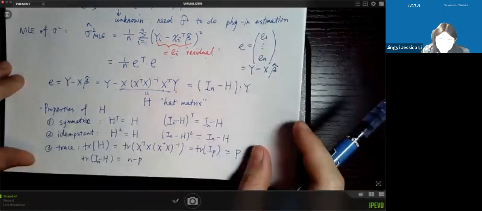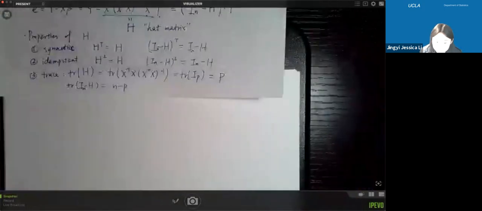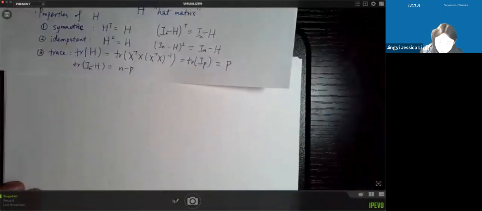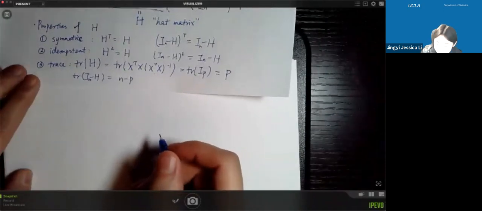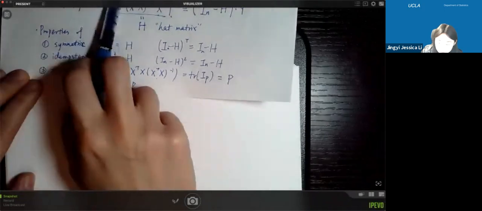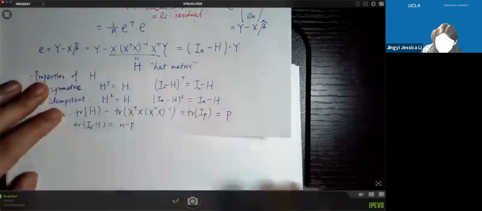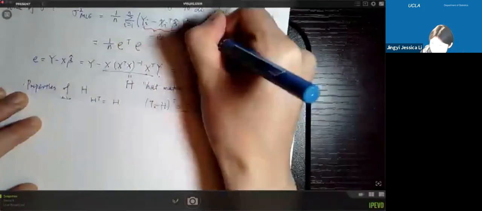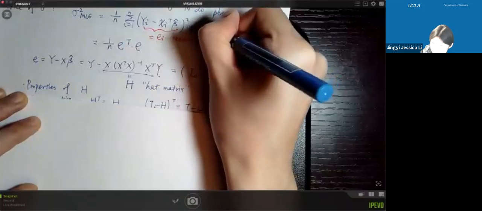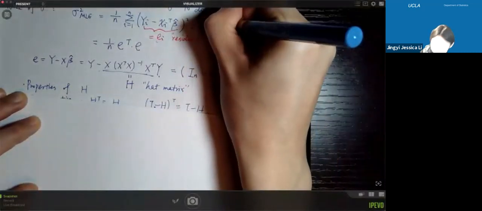Now let's actually look at this estimator. One thing we can show is that we can also write it in this way: 1 over n, summation i from 1 to n of e_i squared.